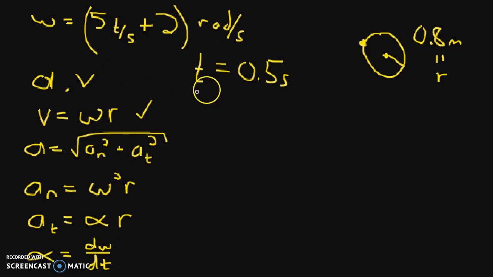Omega we already talked about: you're going to put 0.5 seconds into t here, and that will solve for it. You end up with 0.5 times 5 and then plus 2, in radians per second. R we already identified as 0.8 meters, and v would be unknown.